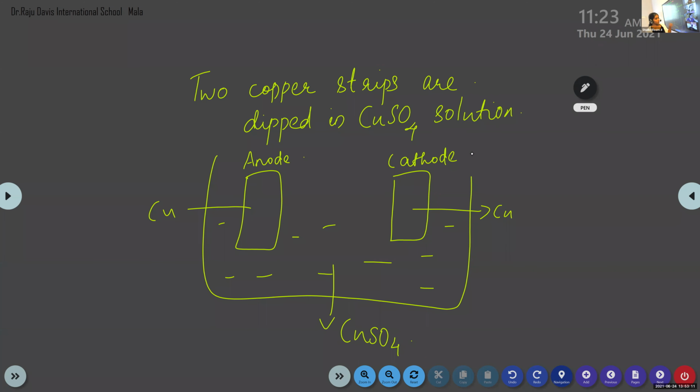When we apply voltage to this electrolytic cell, one will act as anode and one will act as cathode. The cathode is negatively charged, and the anode is positively charged.